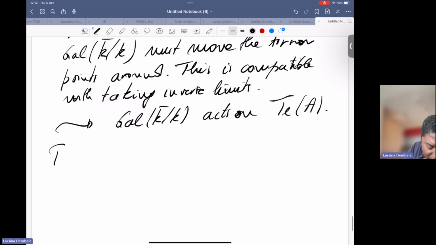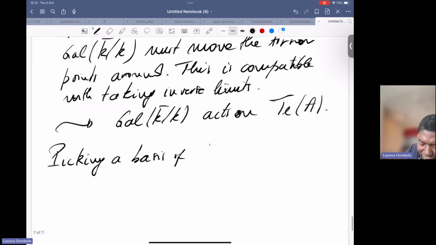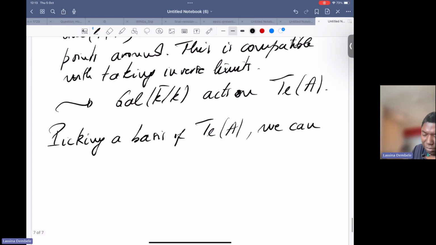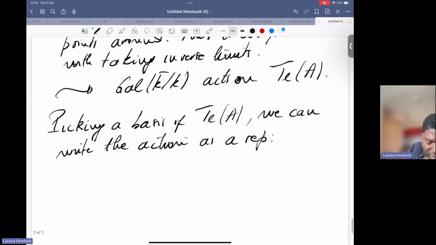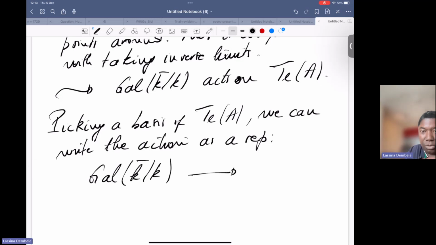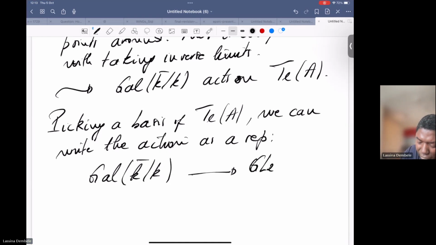And if you pick a basis of TL, we can write that action as a representation, which is Gal K bar over K to GL2 of ZL.